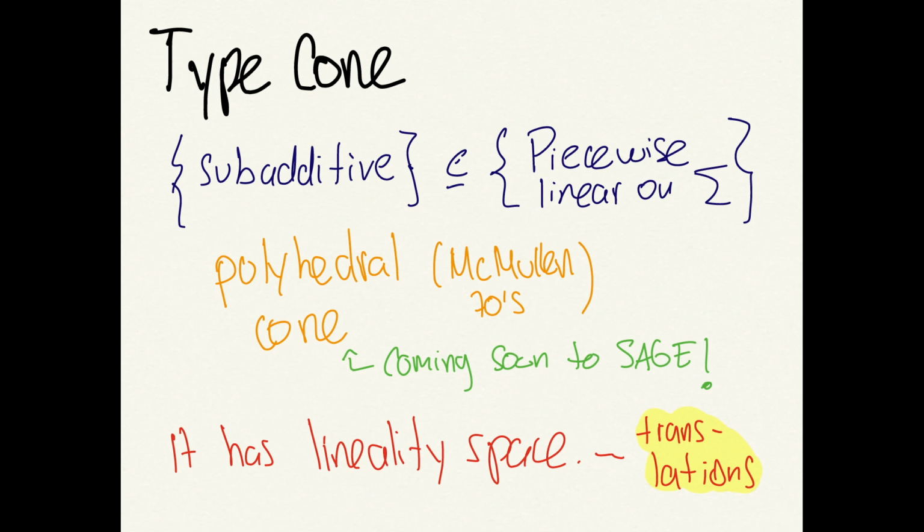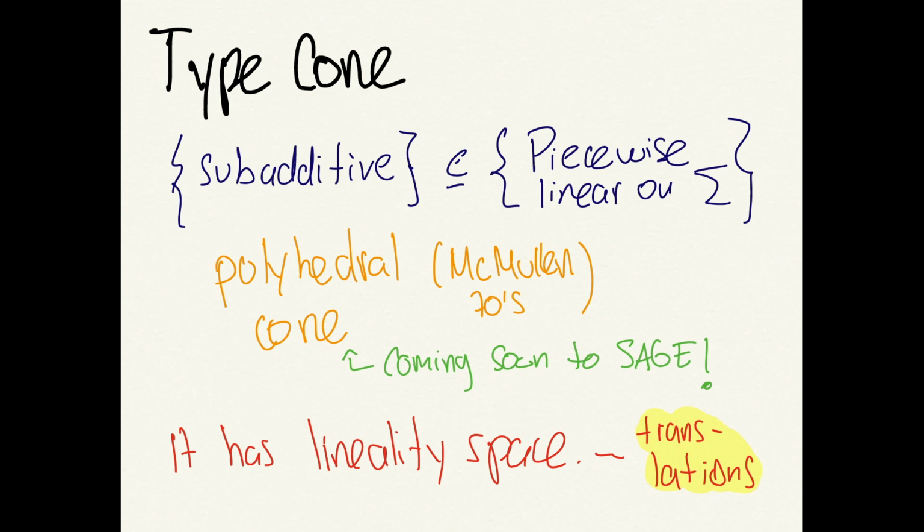Now, this polyhedral cone, you can compute it in Sage. This is coming soon. This is in development, hopefully this year, because people have looked at this. There are a lot of criteria about how to compute these cones, what the inequalities of these cones are, and it is all very concrete, and we can compute everything and put it in Sage, hopefully this year. Not making any promises though.